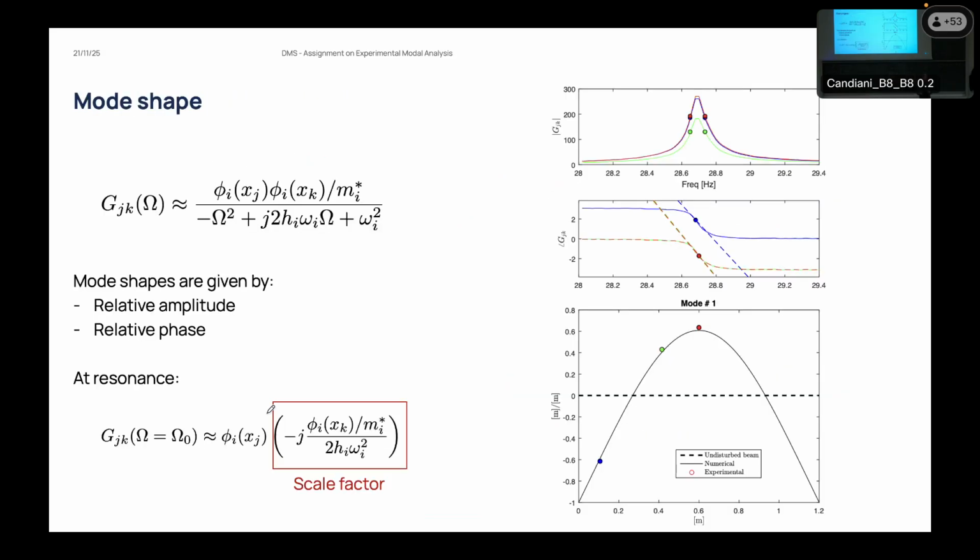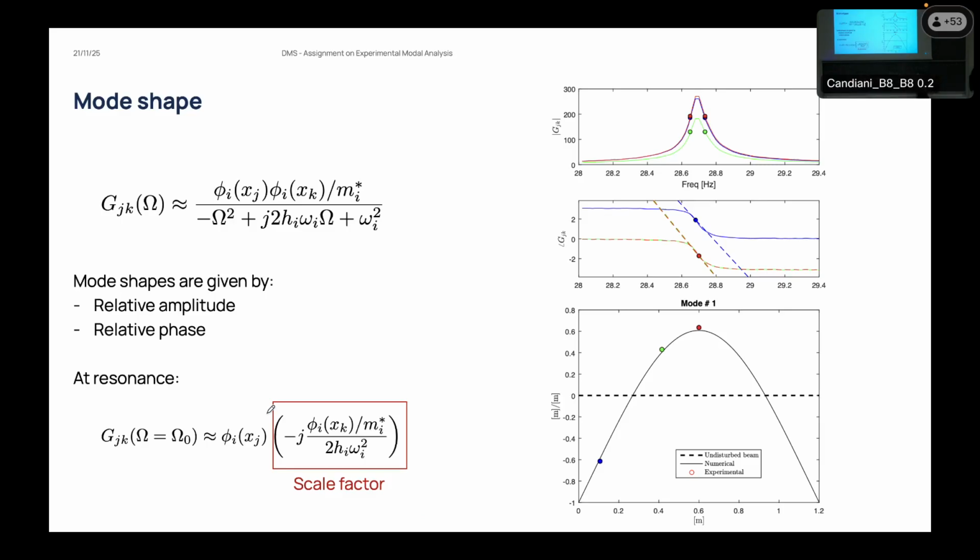And what about the mode shape? We are not just interested in the estimation of the damping ratio and the natural frequency of the system. That can be very easily retrieved from the frequency response function. What we want to do is also to have information about the shape of the mode. First thing to say, I can get information about the shape of the mode just on the locations where I have the sensors.